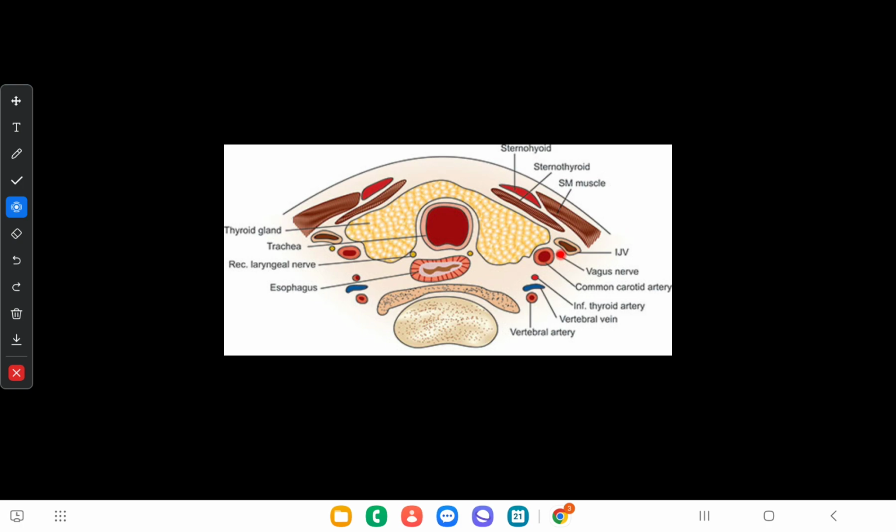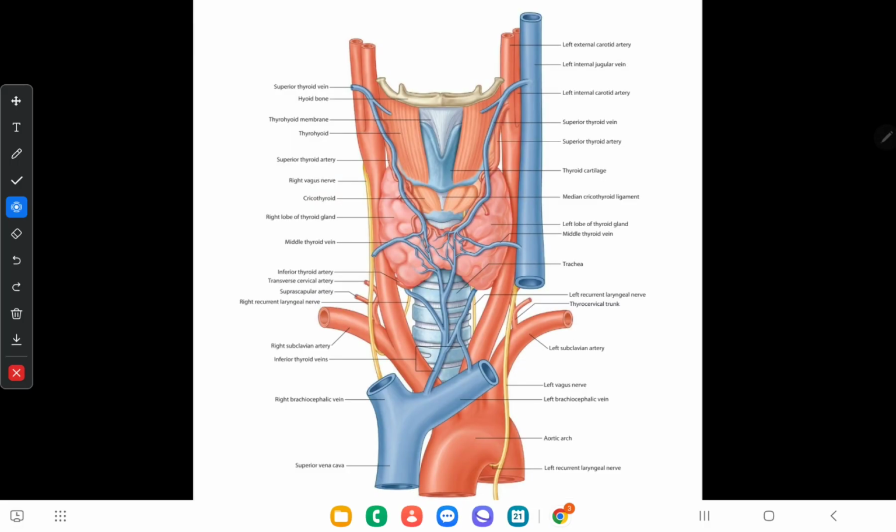Then the anterior border is related to the anterior branch of the superior thyroid artery. When we talk about the relations of the lobes, other than the three surfaces, superficial or anterolateral surface, medial surface and posterolateral surface, there are two borders we talk about.